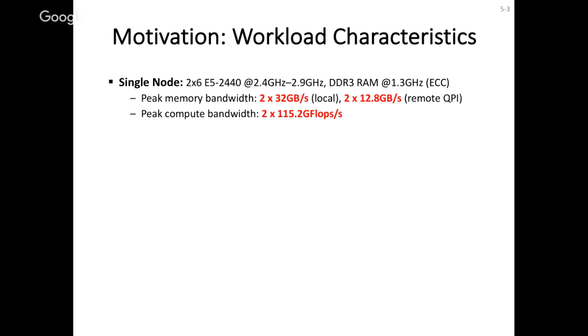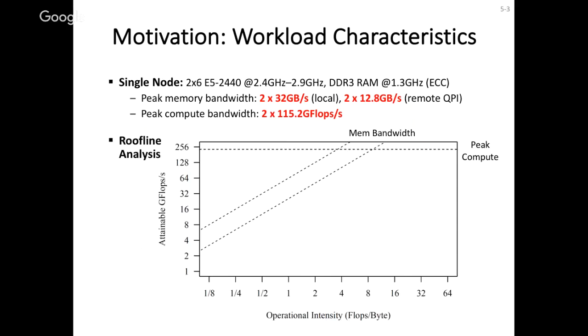Now, in order to really prove that we deal here with memory bandwidth bound operations, this is just a single node with peak memory bandwidth and peak compute. Here we look at a roofline analysis that plots operational intensity, how many floating point operations you execute per byte transferred from main memory, versus maximum attainable floating point operations.